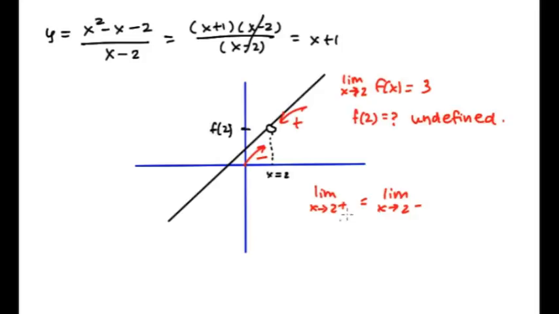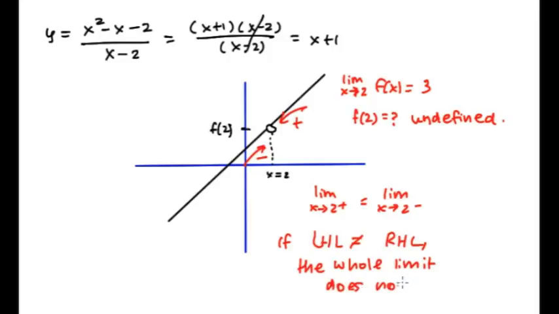Of course, you can calculate left-hand and right-hand limits on their own, but the total limit will not exist if they are not the same. So if the left-hand limit does not equal the right-hand limit, the whole limit does not exist.